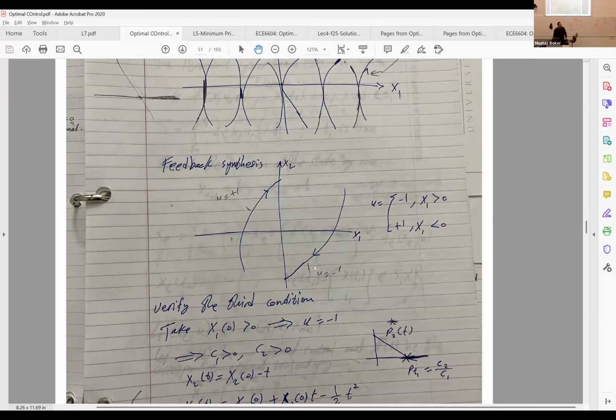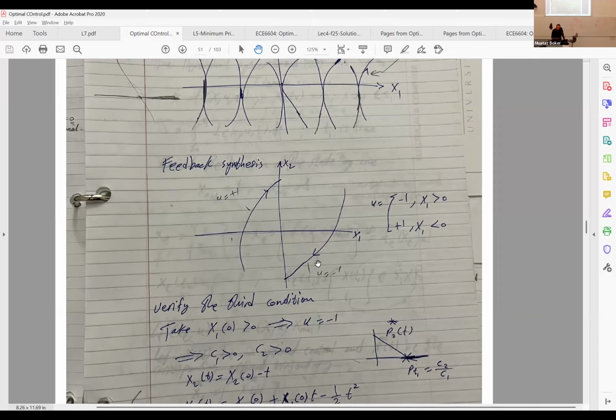The only thing that is different now is that I only care about X1 at final time, not X2. X2 is free. So if I am somewhere here, then I should apply U is equal to -1. That will take it up to here.